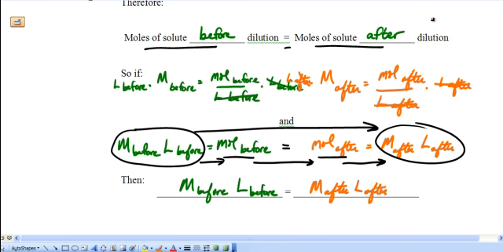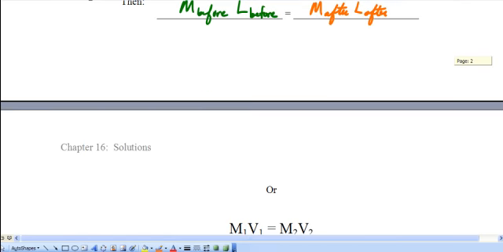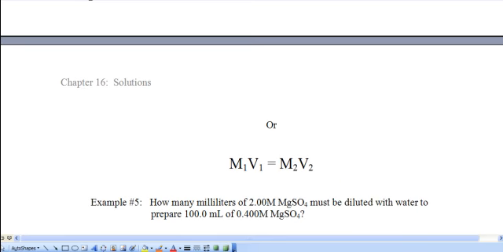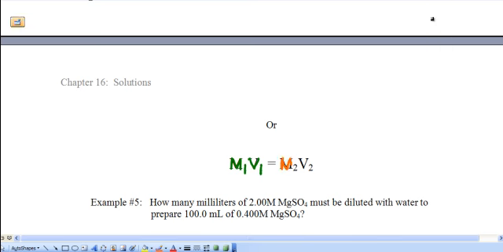Now, you actually don't have to use liters, and so since that is true, we're going to rewrite this equation as M1V1 equals M2V2, where this is the concentration before and the volume before, and that's going to equal the concentration after times the volume after.